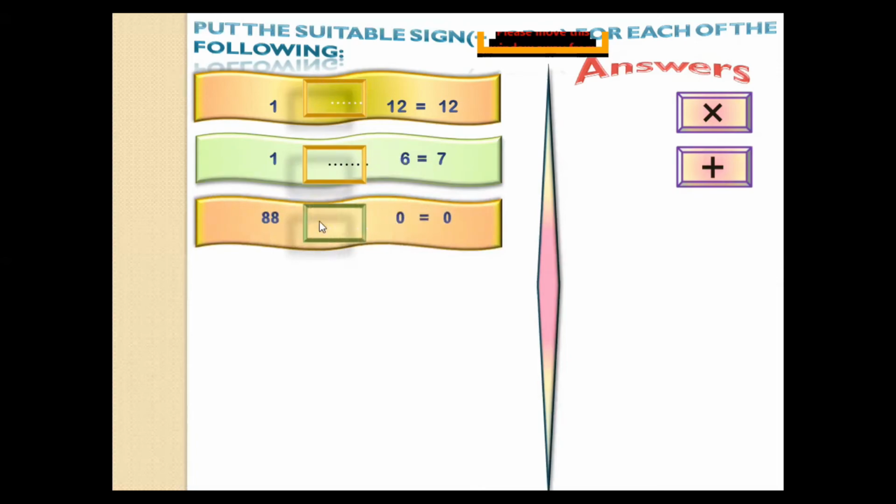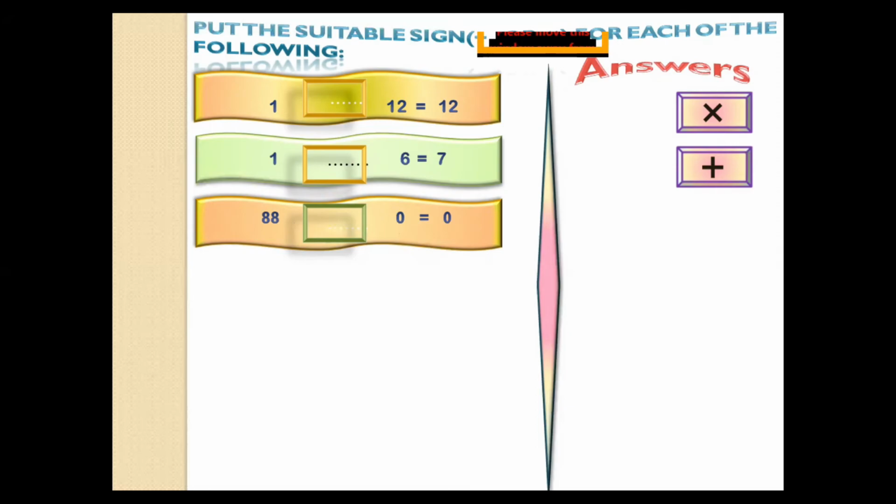Here we have 88, and I want to put here plus or by 0 to get 0. What is the suitable sign we should put here? If we put plus, 88 plus 0, we must get 88, but here we get the result 0.